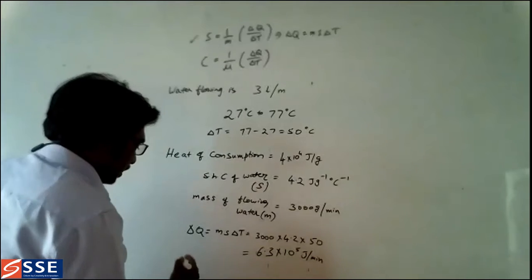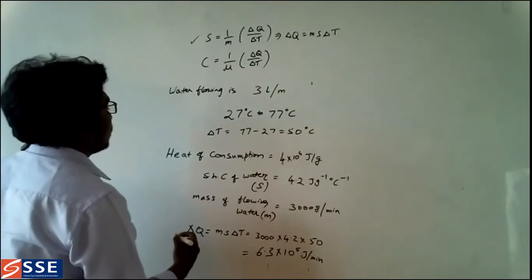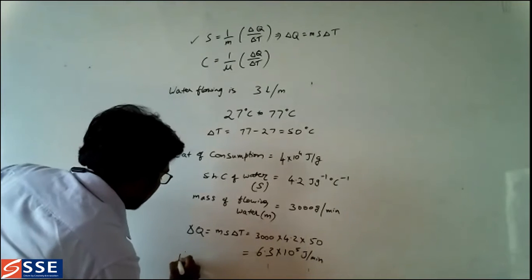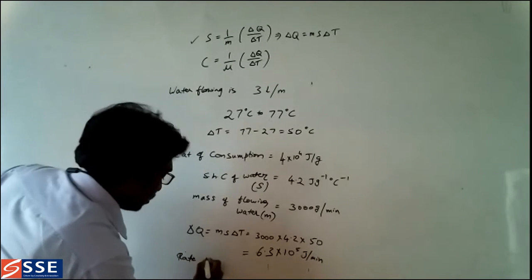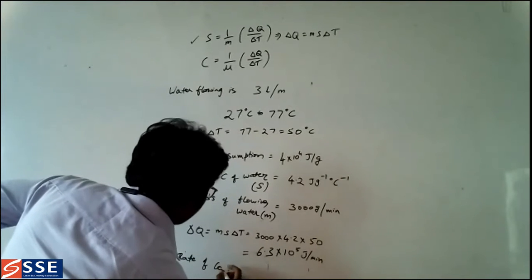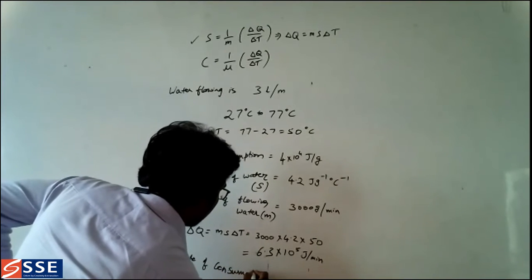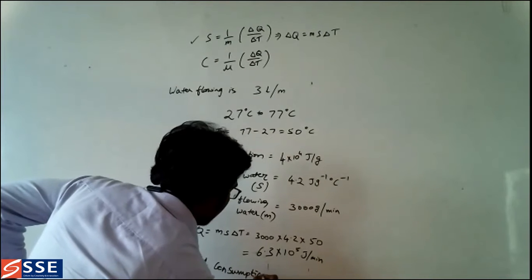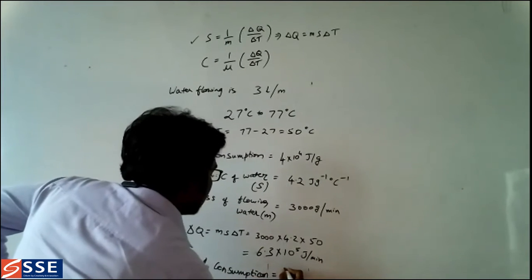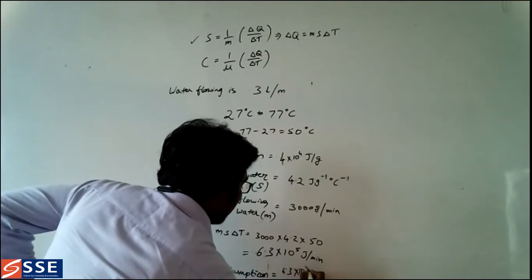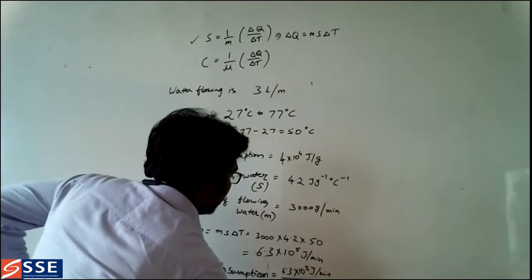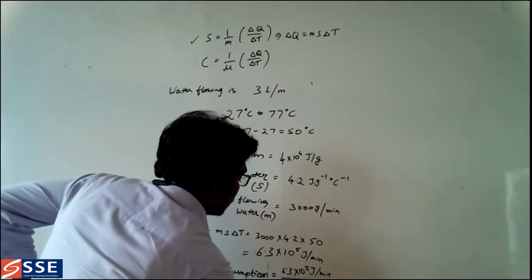So rate of consumption is equal to 6.3 into 10 to the power of 5 joule per minute divided by 4 into 10 to the power of 4 joule per gram.